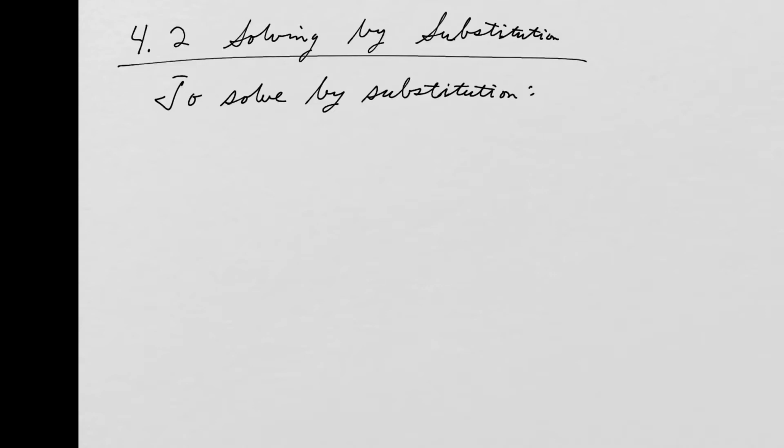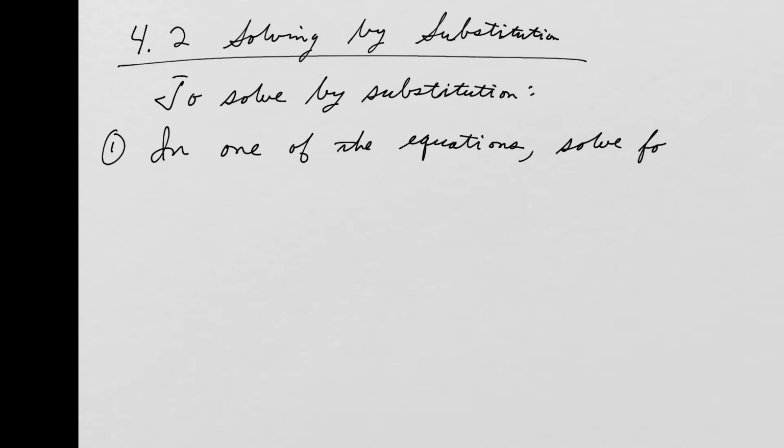So step one is, in one of the equations, I want to solve for one of the variables. It can either be variable x or variable y, whichever one is easier to solve for. So in one of the equations, solve for one of the variables.